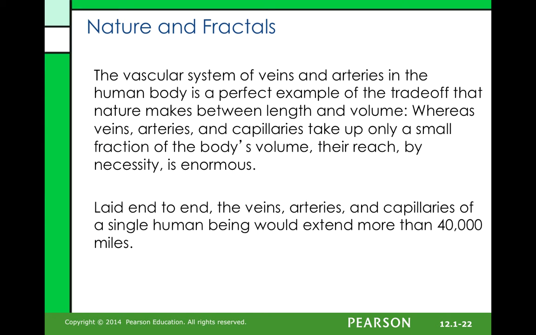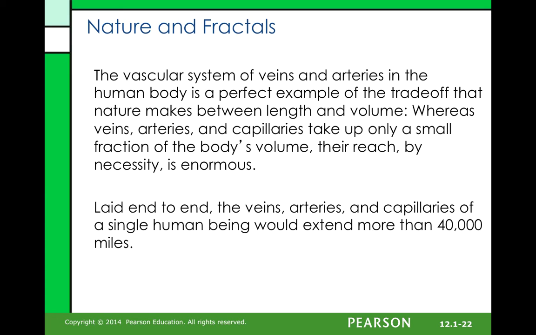So just for example here, the vascular system of veins and arteries in the human body is a perfect example of the trade-off that nature makes between length and volume. Whereas veins, arteries, and capillaries take up only a small fraction of the body's volume, their reach, or their perimeter, whatever word you want to use there, is enormous.